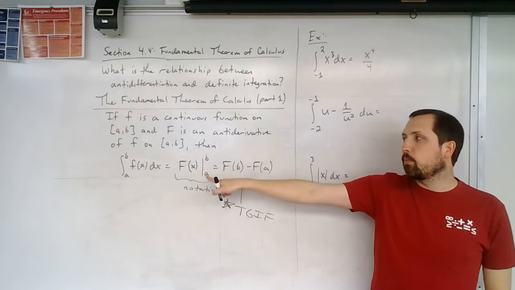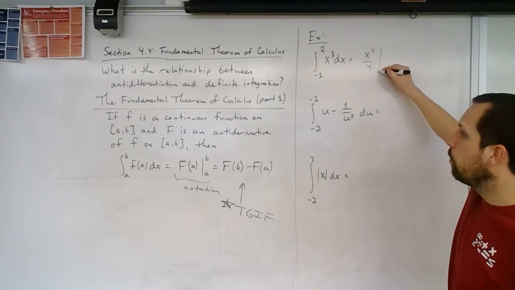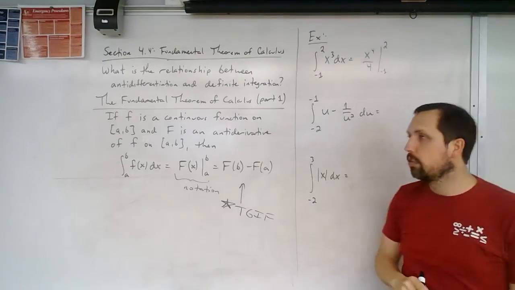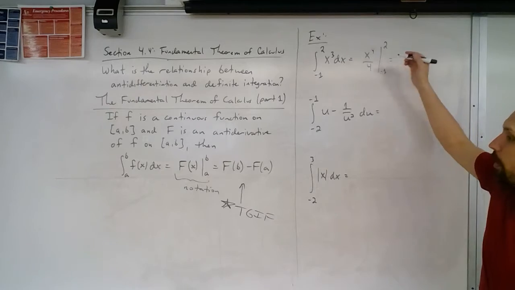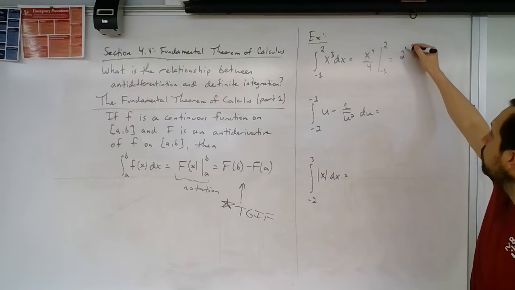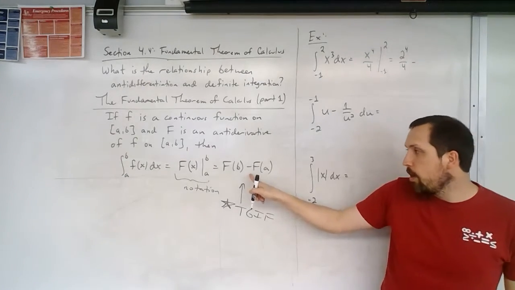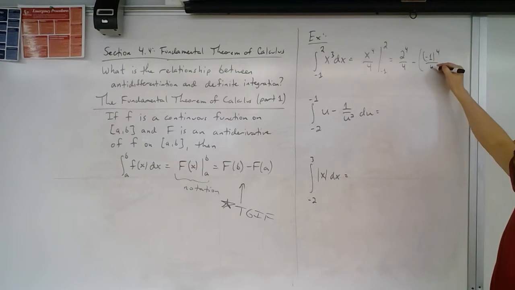But with this notation, I'm going to have this vertical bar where I go from -1 to 2. I take this notation here, and now I do top goes in first. So I plug in 2 for x. So I have 2 to the 4th over 4, and then I subtract off what I get when I plug in -1. So I subtract off now (-1) to the 4th over 4.